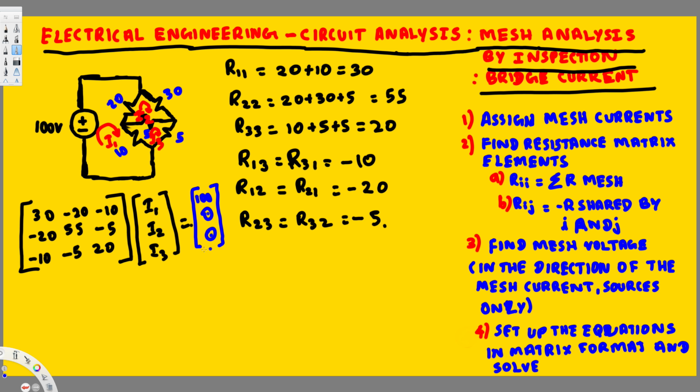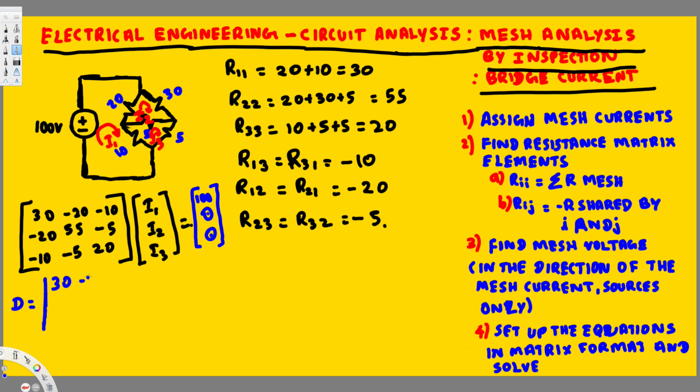Now, in order to solve this one, we have to definitely use Cramer's rule. Otherwise, no way, right? So here we have to use Cramer's rule. Cramer's rule is basically first we find the determinant of the original matrix, and the easy way to calculate it is going to be this one.